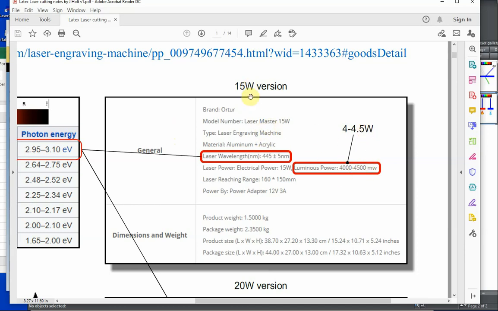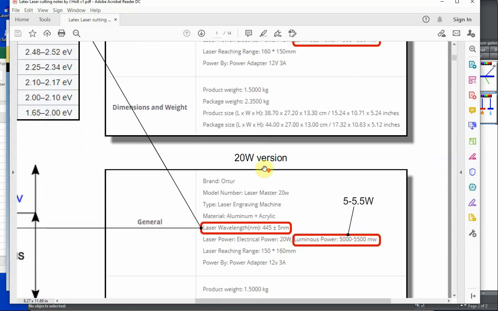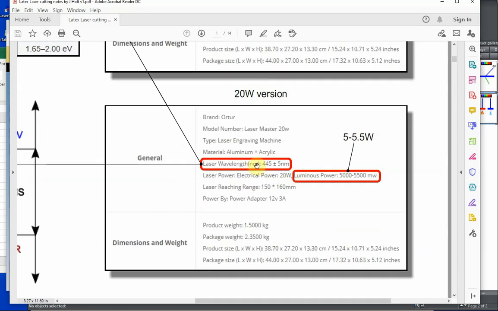So the 15 watt is more of a sort of marketing ploy, if you like, but they all do it. Everybody who does diode lasers talks like that. So anyway, the important numbers to take from this is the wavelength of the light and the power. So it's 4.5 watts. I've got the 20 watt version. It's the same wavelength, but it's slightly higher power. So it's 5 to 5.5 watts.